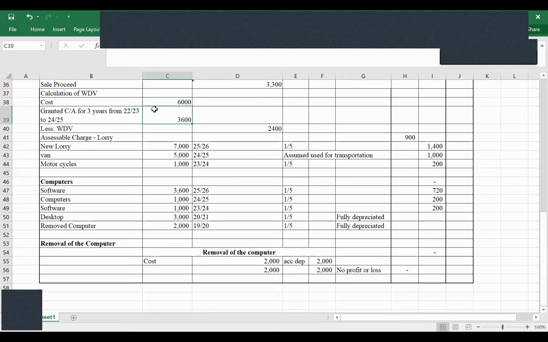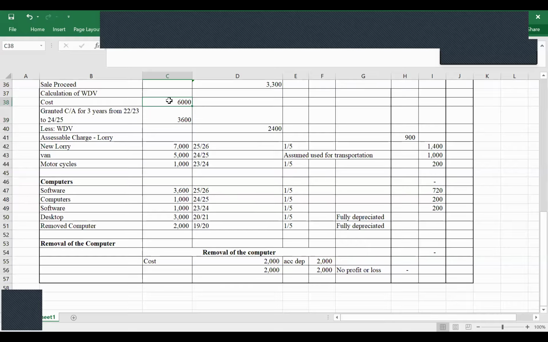So we have to consider the capital allowances granted to calculate written down value. For this asset purchased in the year of assessment 22-23, cost is 6 million. What is the capital allowances already granted? We have already granted capital allowances for 22-23, then 23-24, and then finally 24-25. That means for 3 years of assessment we have already granted capital allowances.